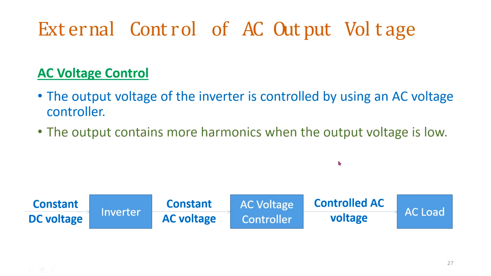The output contains more harmonics when the output voltage is low. Surely when you introduce this kind of circuit, your controller will introduce more harmonics at low voltage. Hence it is rarely used, because for the low output side it's very bad.